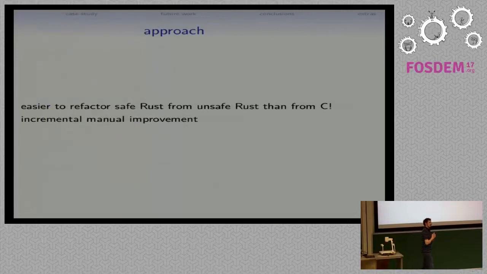A key part of the idea here, and the reason why I don't feel like it's a problem that Rust doesn't try to do anything clever about making code more safe than the original or more correct somehow, is that it is easier to refactor safe Rust from unsafe Rust than it is to refactor safe Rust from C. If you've got a tool that does a lot of the work for you, and all that's left is to take this unsafe Rust and clean it up some, make it idiomatic Rust, and make it use safe borrows and all these other things, that is a much smaller amount of work that you have to do by hand than what people are doing today.